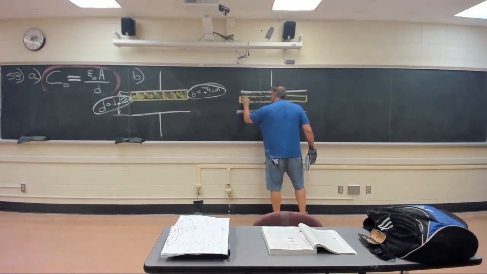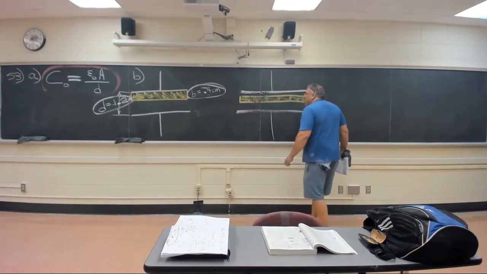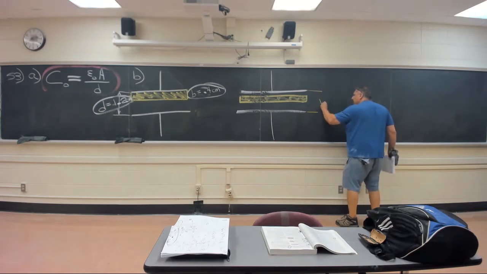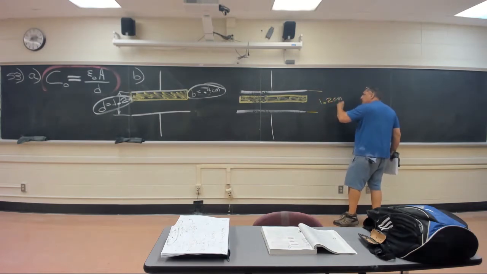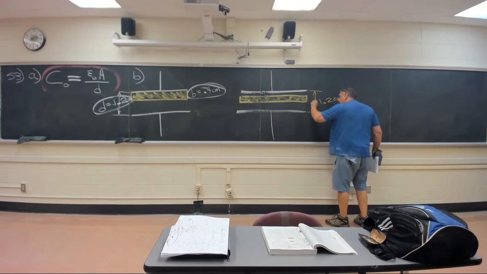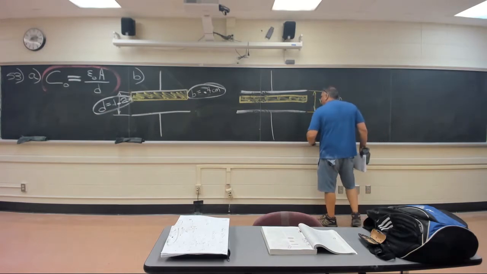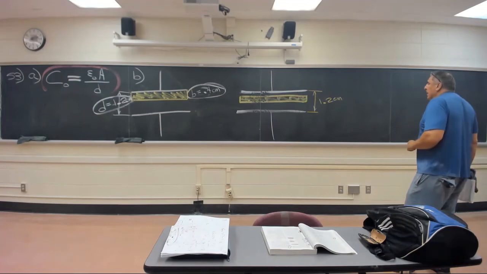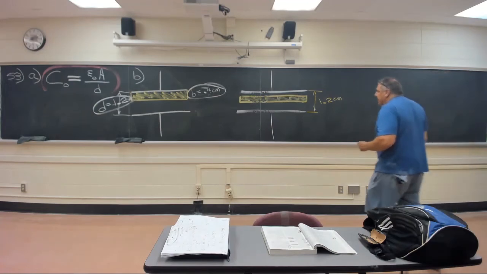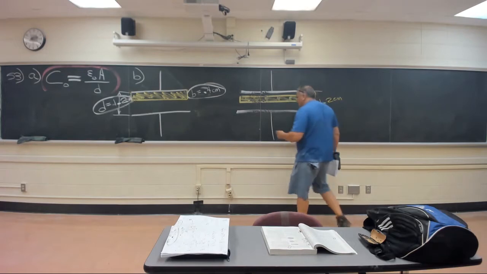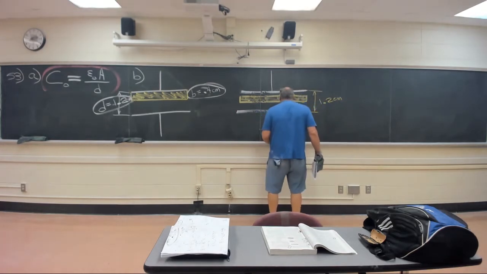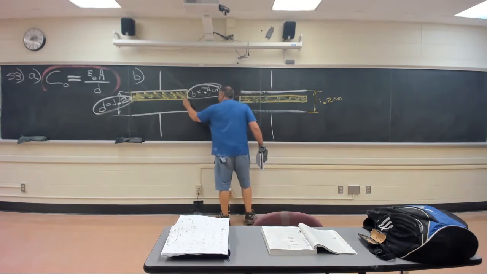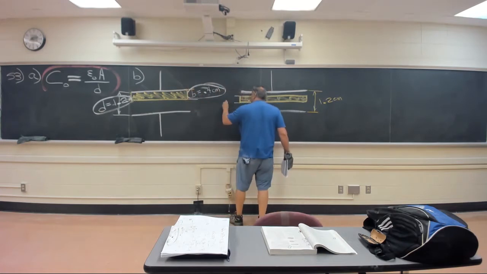It's not drawn to the best scale. Again, let's get this straight. This right here is 1.2 centimeters, the whole thing. And this right here is B, just like before, it was 0.4 centimeters.